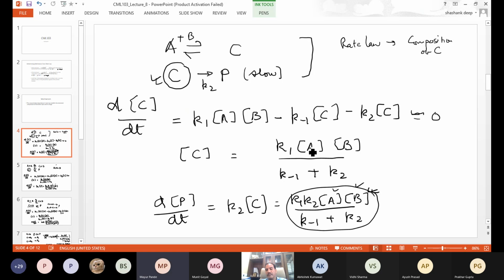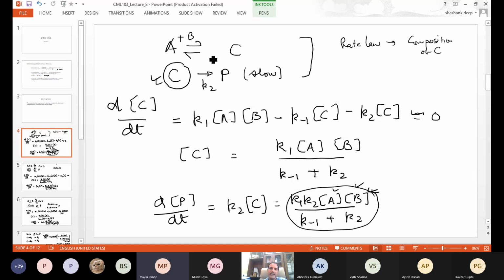So the second step is slow. Then how can we apply the steady state approximation? This pre-equilibrium concept I discussed in the last lecture. Do you remember the pre-equilibrium concept? No sir, I didn't watch yesterday's class. Okay.